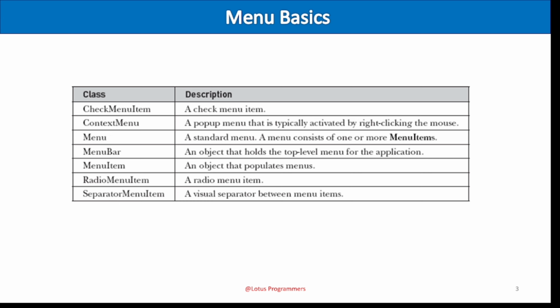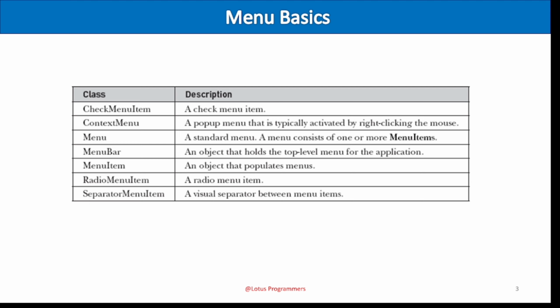In the same way, for creating context menus like pop-up menus, there is another class defined, ContextMenu. In general, in graphical interface applications, while clicking the mouse right button on any control, on the scene or on the window, a pop-up menu is displayed.